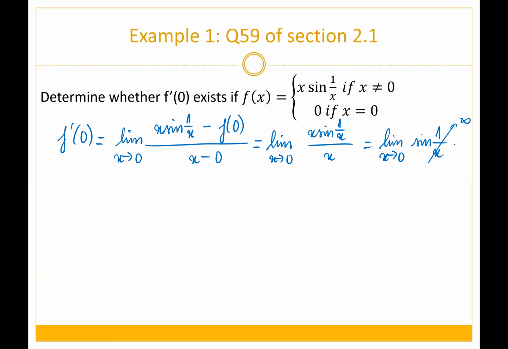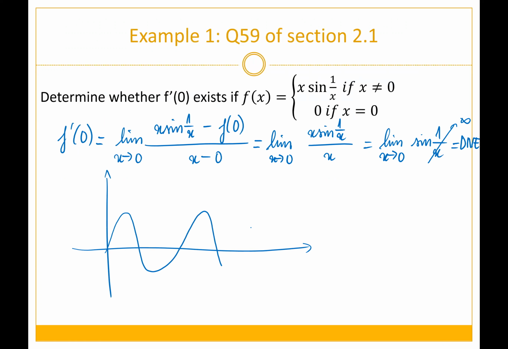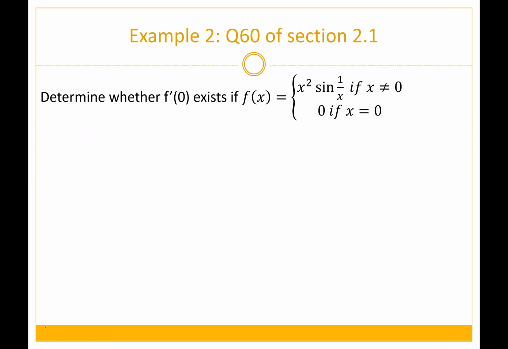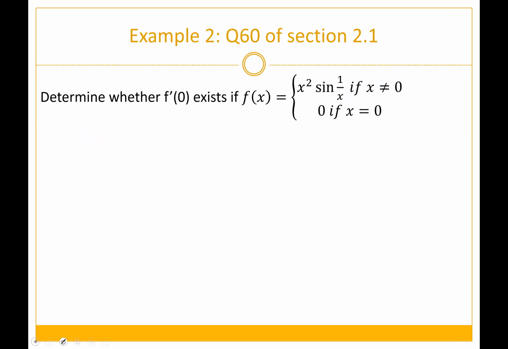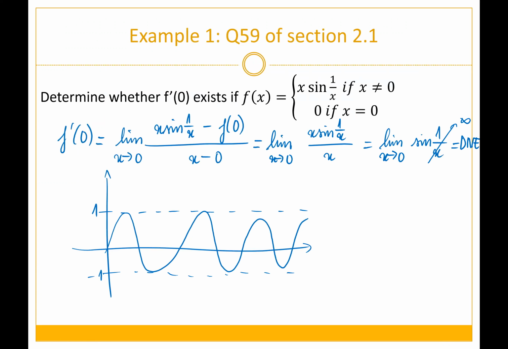And sine of infinity is something that doesn't exist. If you think about the graph of the sine function, it fluctuates between -1 and 1, regardless of the value of the angle.